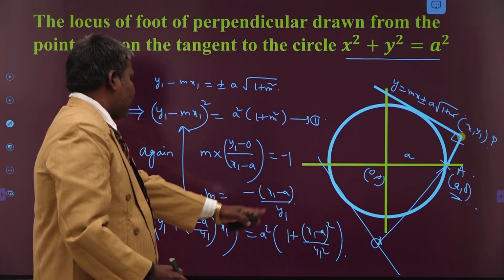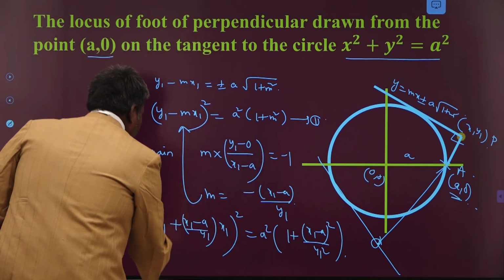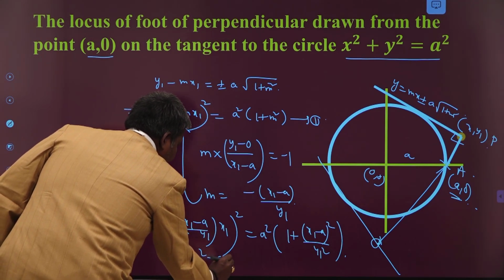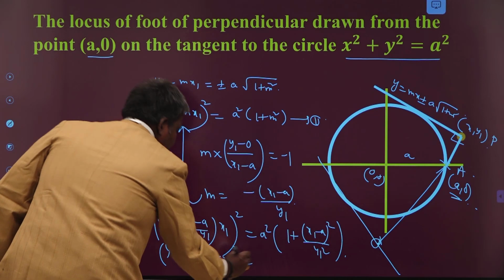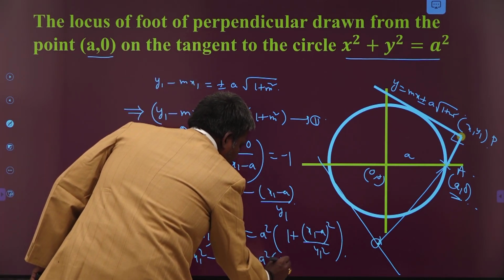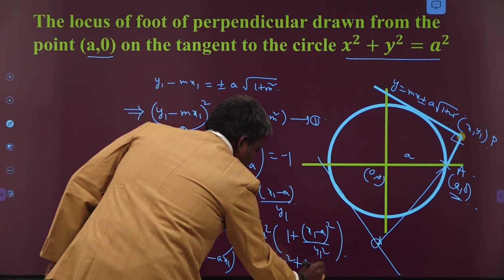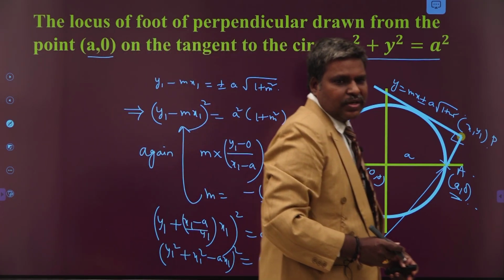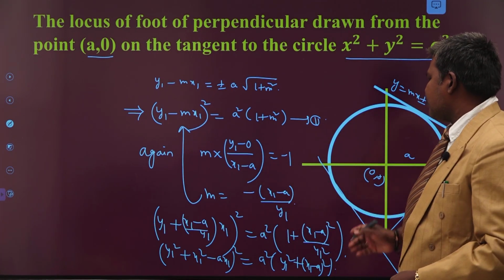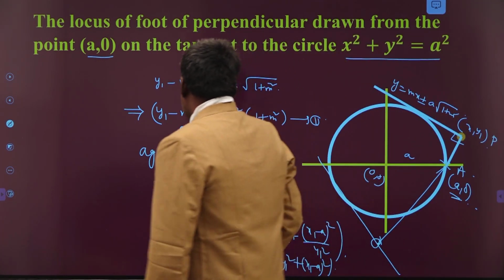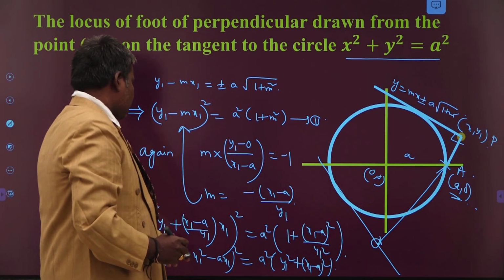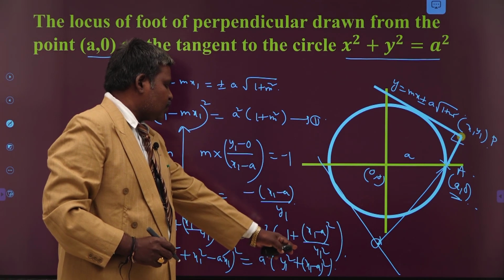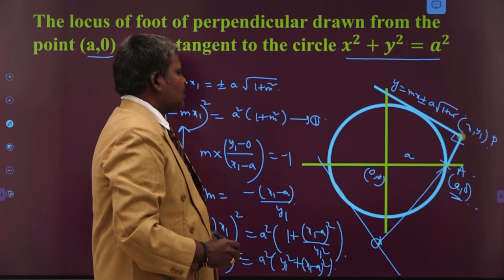By taking LCM, y1² gets cancelled. (y1² + x1² - ax1)² = a²(y1² + (x1 - a)²). So once you get the condition on (x1, y1), you can easily write the locus. What is the locus now? (x² + y² - ax)² = a²(y² + (x - a)²). This is the required locus.